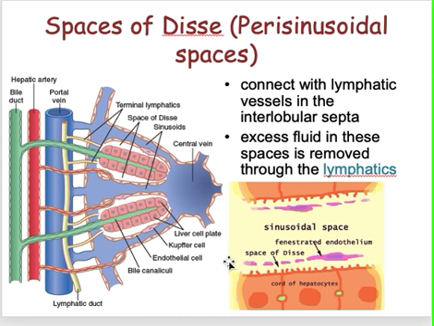Your endothelium has many fenestrations, meaning it has many large pores that allow entry of many molecules from your portal vein circulation to your hepatocytes, and your space of Disse is connected to your lymphatics, and it removes excess fluids in these spaces and drains into your lymphatic duct.